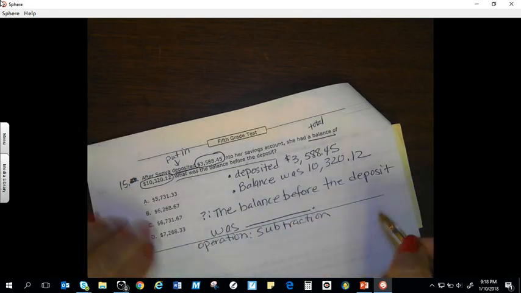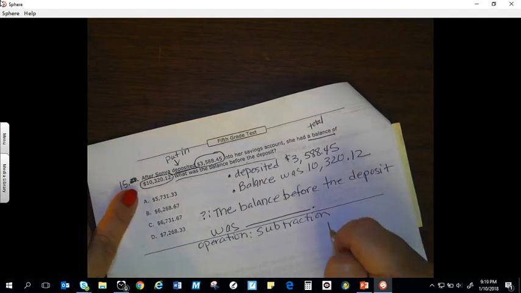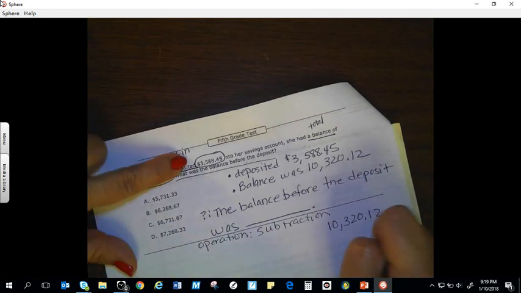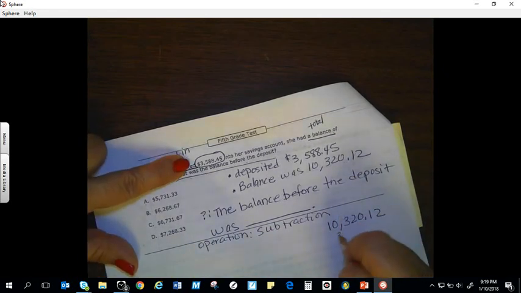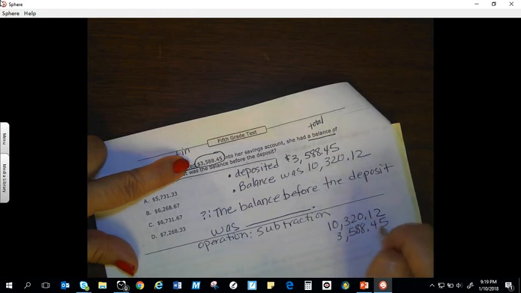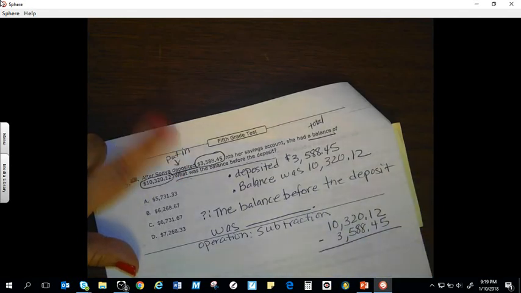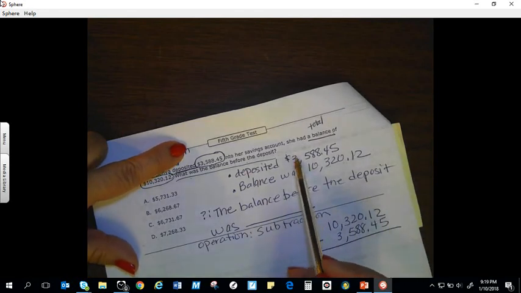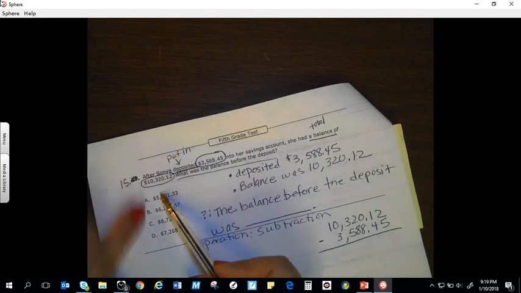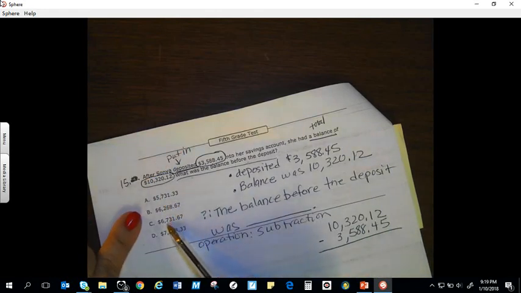So you can sit here and subtract. Make sure your larger number is always on top. I'm going to subtract $3,588.45. So you can do it this way, or you can take what she deposited and add it to one of your answers, and one of your answers will equal $10,320.12.